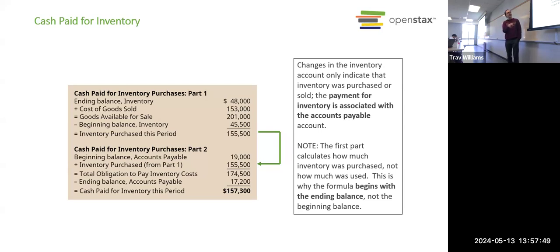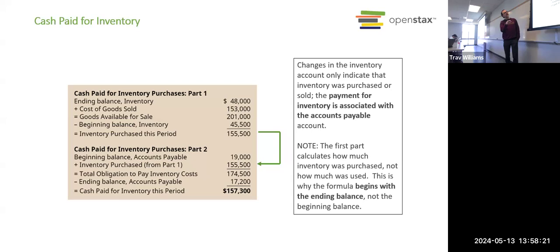We start with our beginning accounts payable, how much we owe to our suppliers at the beginning of the period, add how much inventory we purchased, subtract the ending accounts payable, and there's our answer. Very similar to the last formula, right? Just here it's accounts payable instead of accounts receivable, and it's purchases instead of sales. But what makes this tricky is the first part.